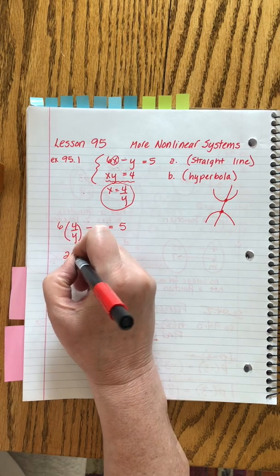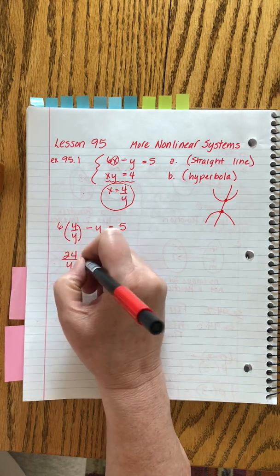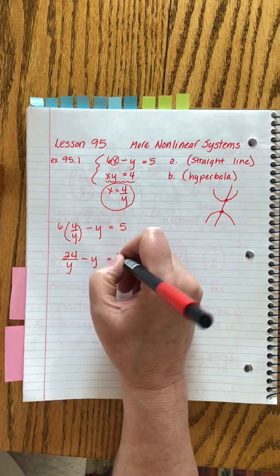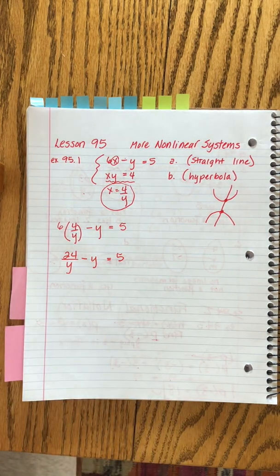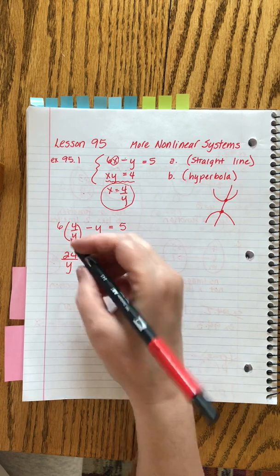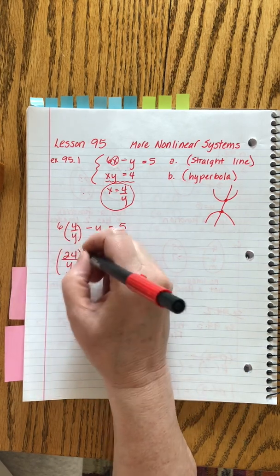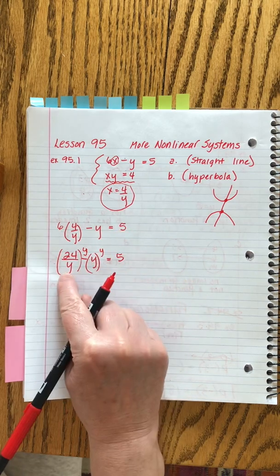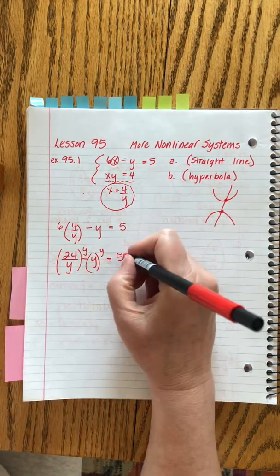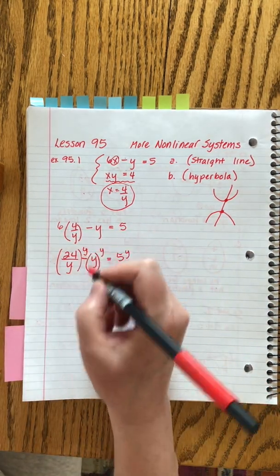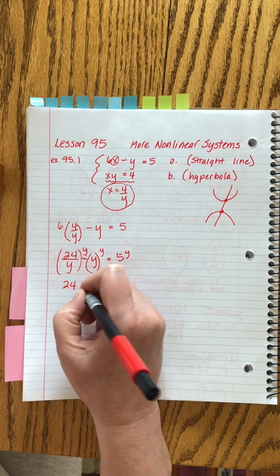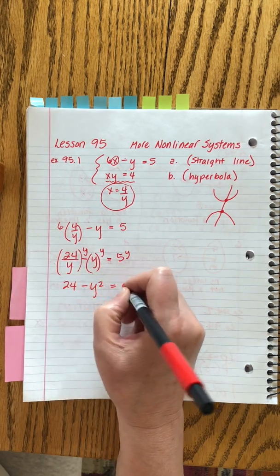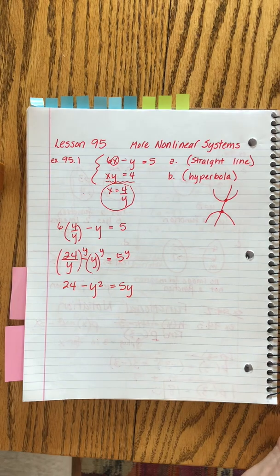I'll do that. 24 over y minus y equals 5. Now I say, let's get rid of this denominator. Let's multiply every term on both sides, that's supposed to be a y, by y, because that is the denominator, right? And that will make that cancel. Then I'll get 24 minus y squared equals 5y.